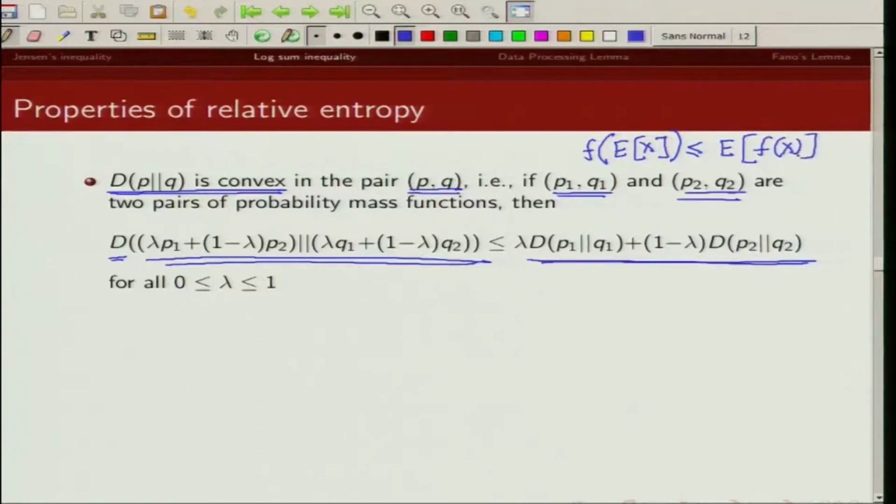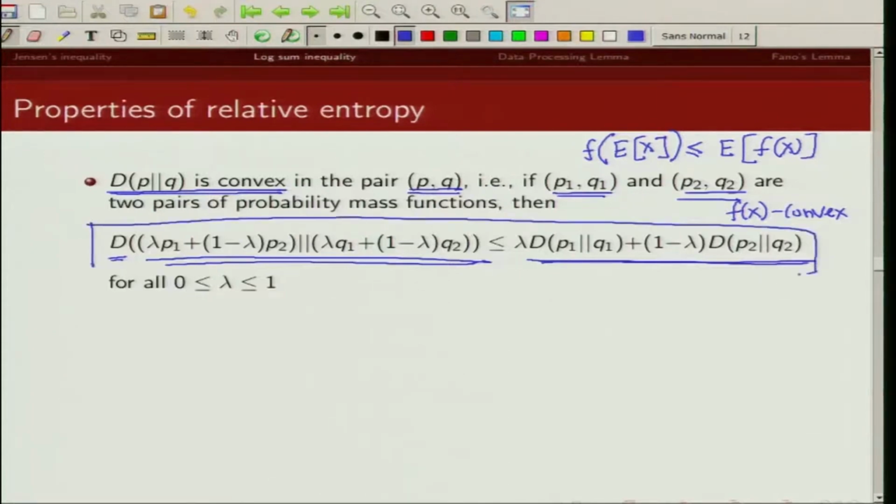This is for the case when f of x is convex, right? This is from Jensen's inequality. So, to prove that this is a convex function, from Jensen's inequality, we have to show this result where lambda lies between 0 and 1.